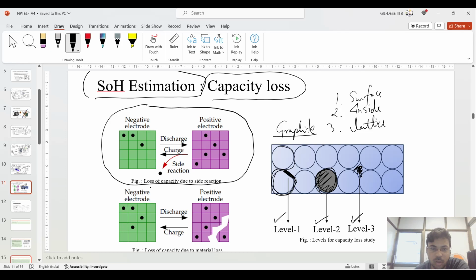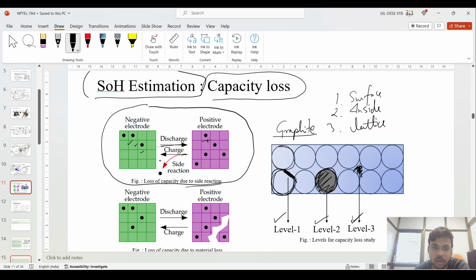These are the two kinds of loss of capacity methods I have given on the left side of the image. First one is the loss of capacity due to side reaction. If you see, this is the negative electrode, to which the lithium ion goes when discharging is happening. This is the positive electrode. This is during the discharging phase, because the electron moves opposite to the direction of the current.